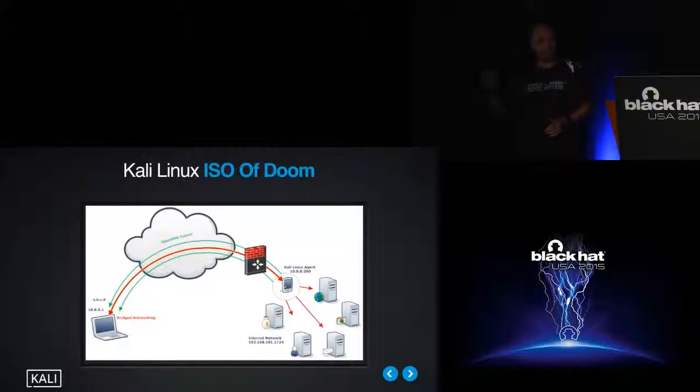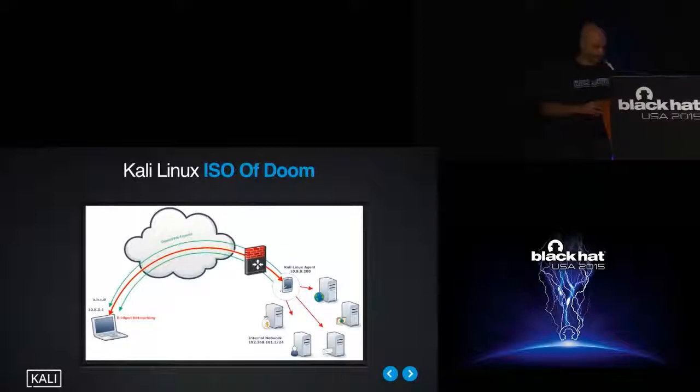So think about immediate deployments of malicious access points. Again, just by pre-configuring your build, and these are the types of features that we've been investing time and effort in during our development process.